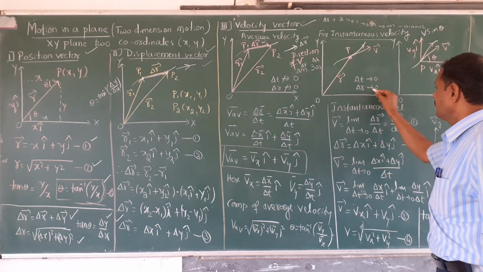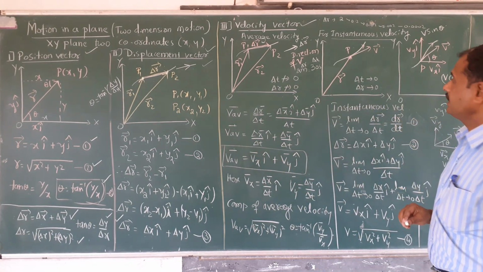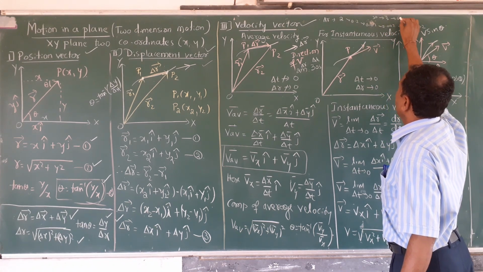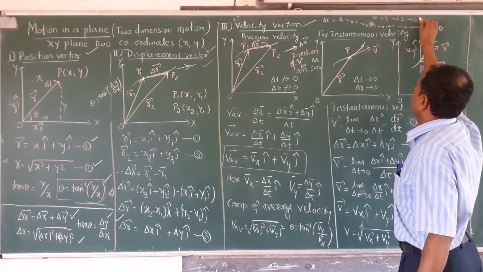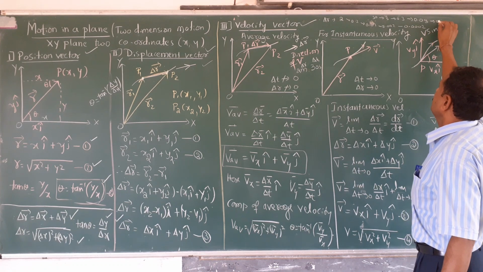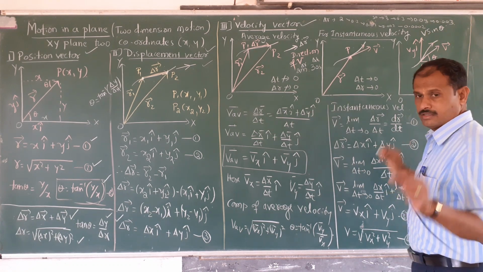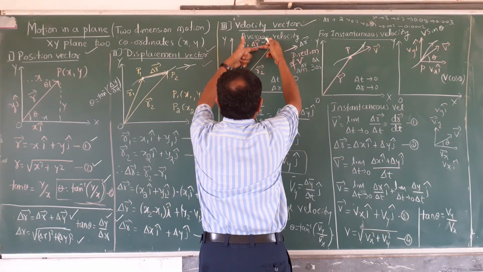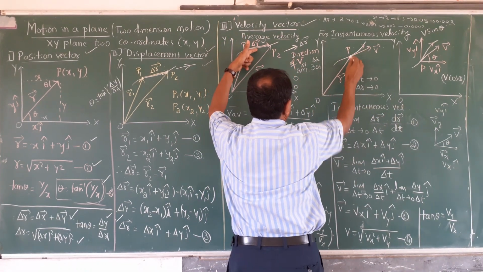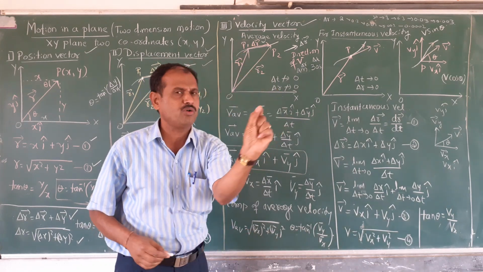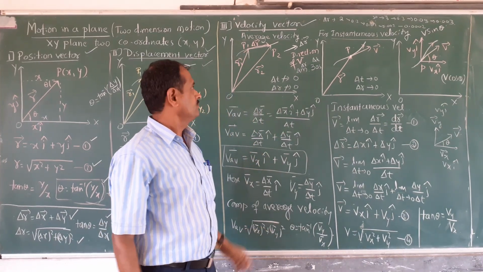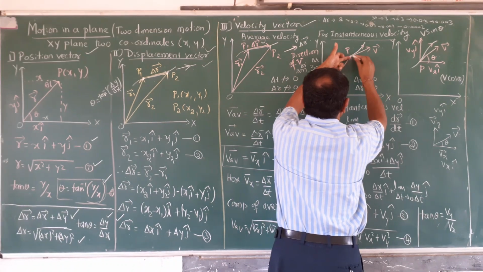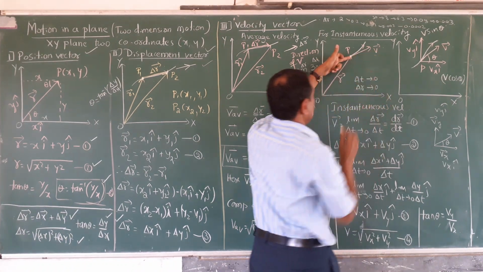Time of 30 seconds becomes 3, 0.3, 0.03, 0.003. Tends to 0. Δr becomes a very small point, and this is the direction of the instantaneous velocity.